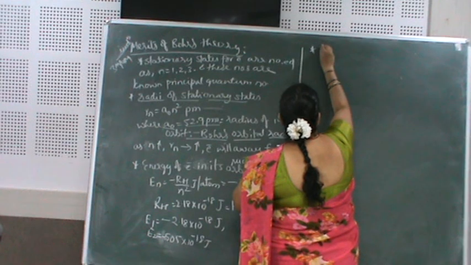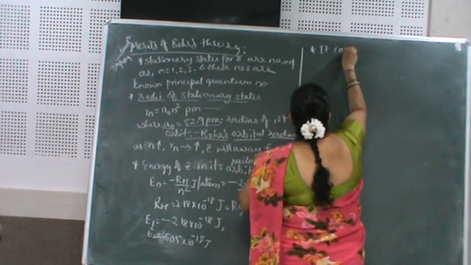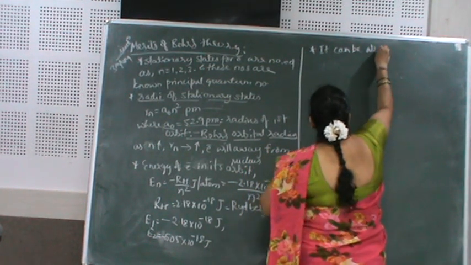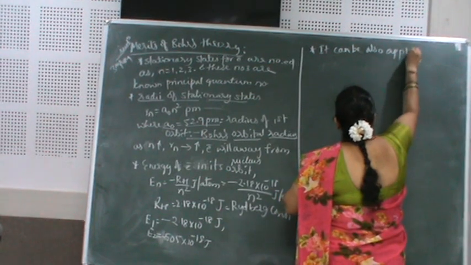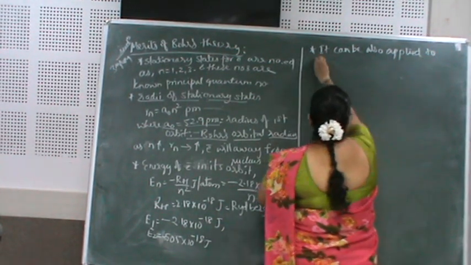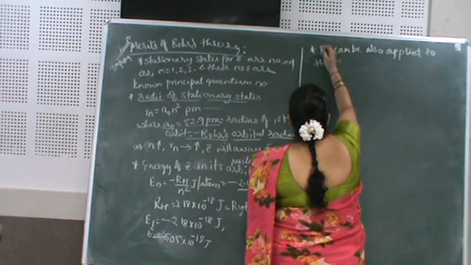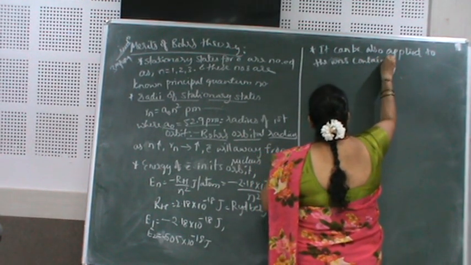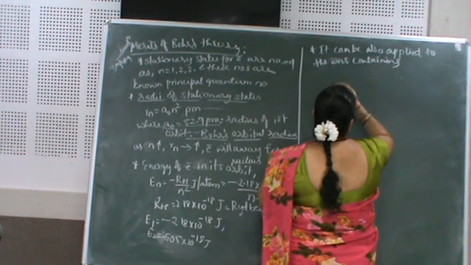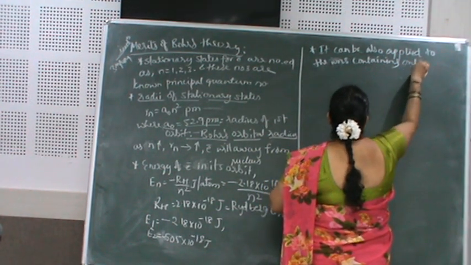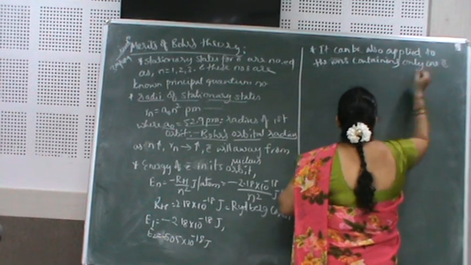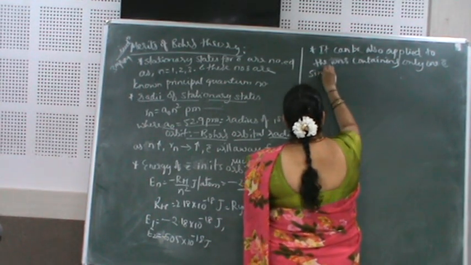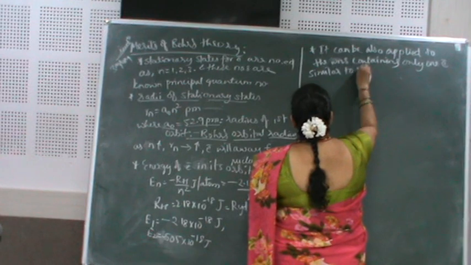Next, the fourth merit of Bohr's theory. This theory can also be applied to ions containing only one electron, similar to the hydrogen atom.